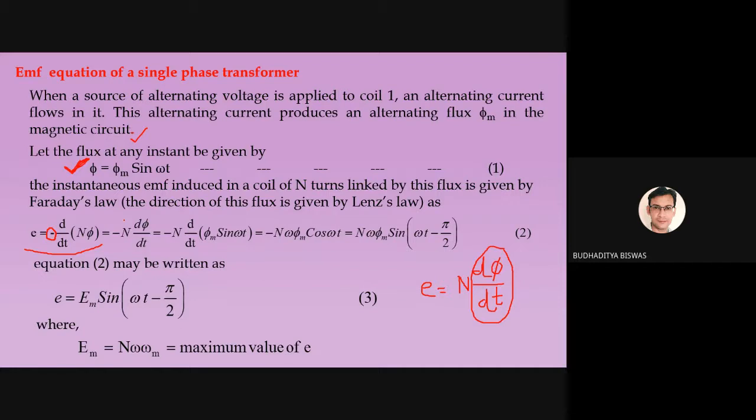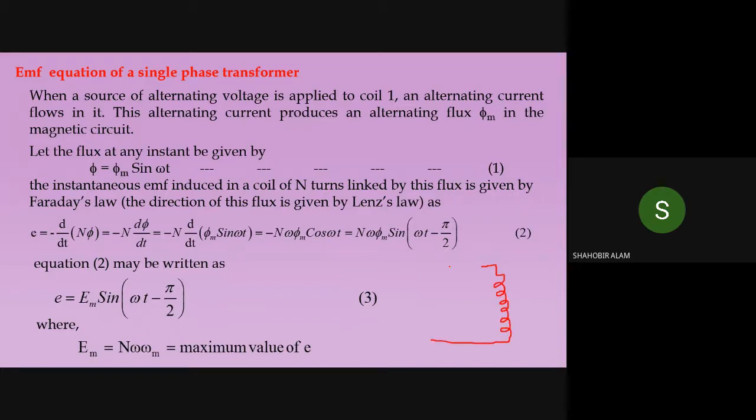We put a minus sign because that induced voltage, do you know why the minus sign is there? Sir, because the induced voltage is in the opposite direction of the flux. Very good.